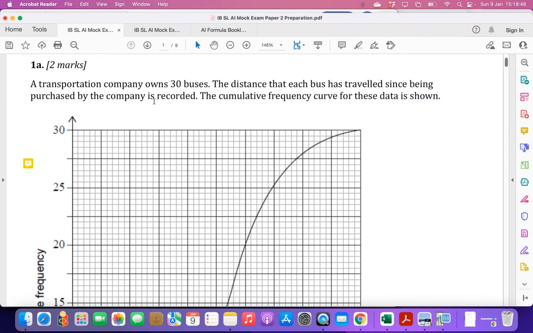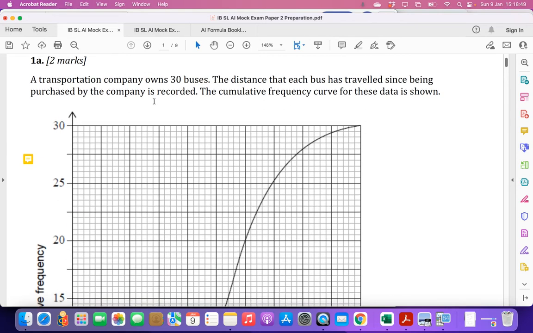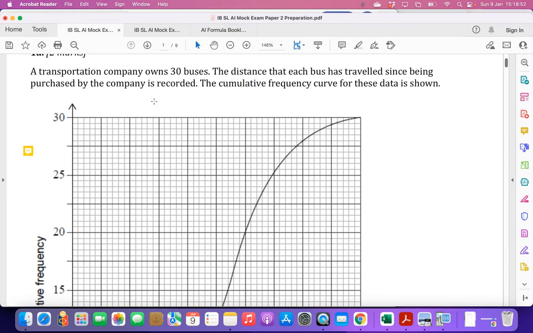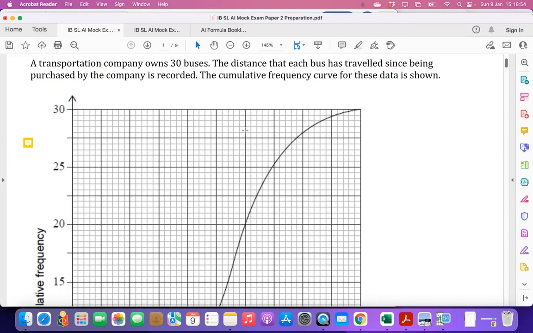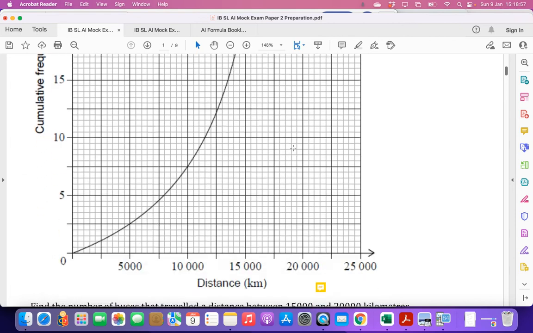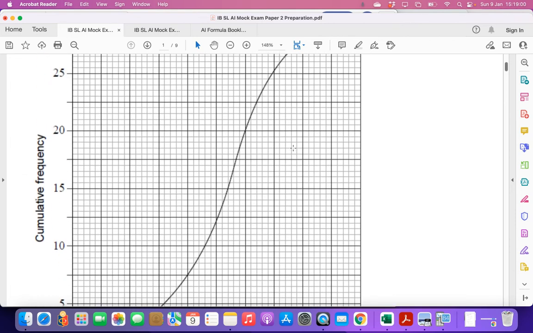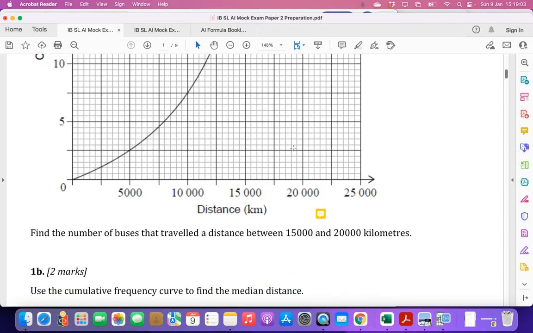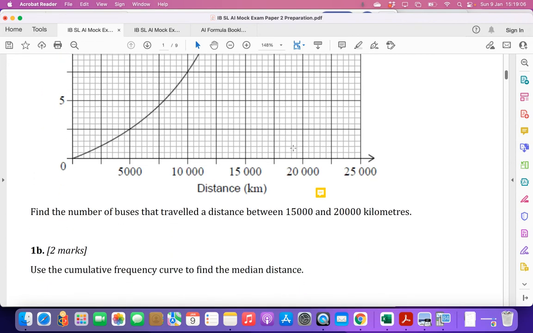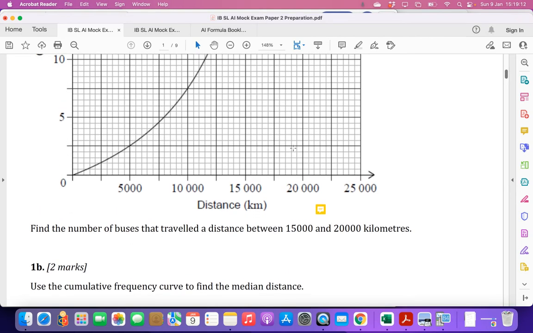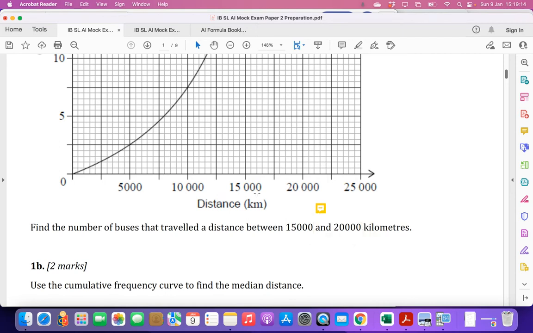First question: we have a cumulative frequency diagram for a transportation company with 30 buses, and the total number of buses goes up to 30. Find the number of buses that traveled a distance between 15,000 and 20,000 kilometers. On the horizontal axis, it's 500 kilometers per division.